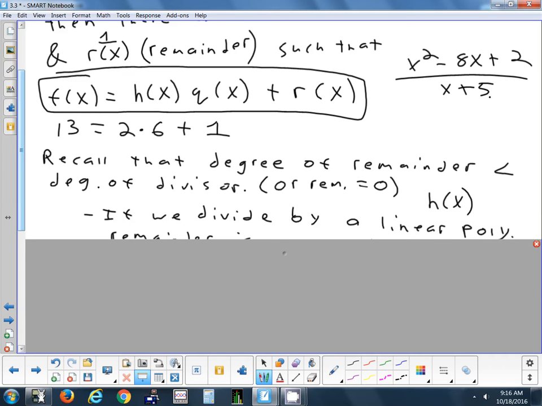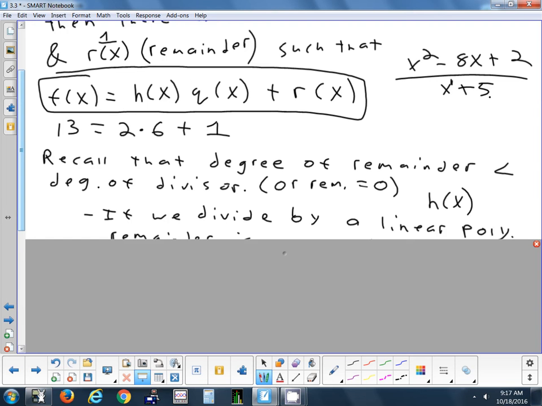So if I do this long division, I know the degree of my remainder is going to be a step below linear. What's the exponent on that x in the x plus 5? John? 1. When you do out the division, the degree of your remainder has to be smaller than that number. So what's smaller than a degree 1?